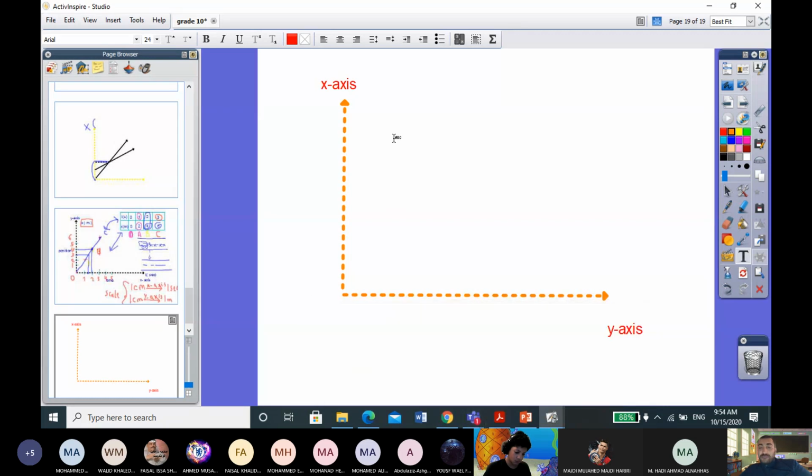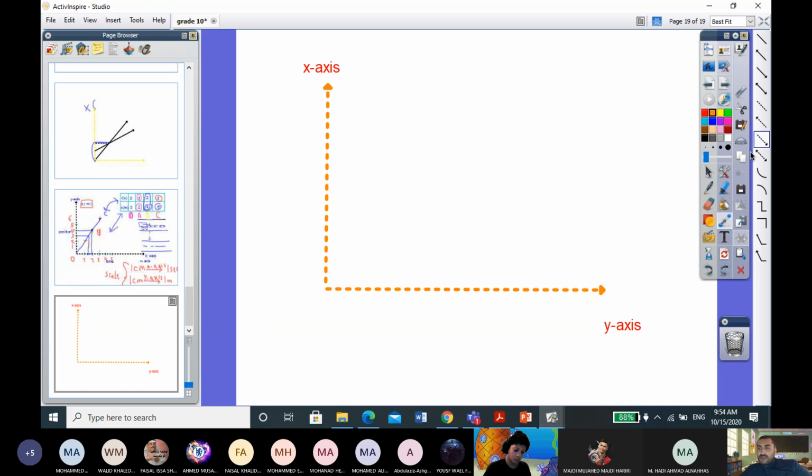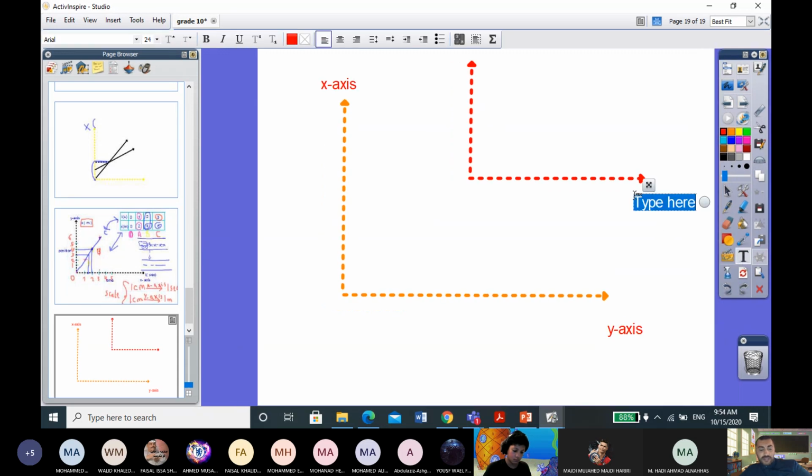Okay, I will repeat. You always know, guys, that as normal we know that this is the x-axis and this is the y-axis.